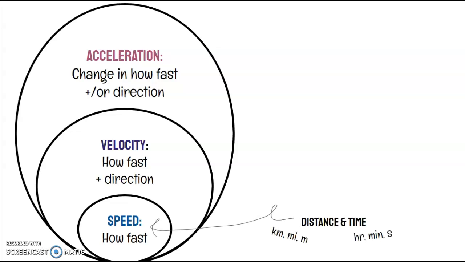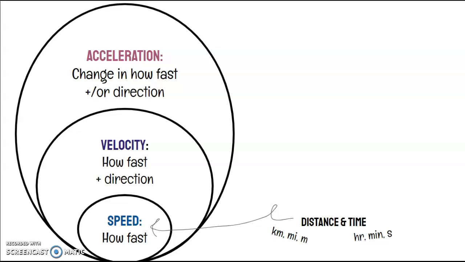When we look at what makes up each of these three measurements, speed is a measure of distance traveled over time. Your distance could be in kilometers, miles, meters, feet, inches, or centimeters. Time is usually measured in hours, minutes, or seconds.